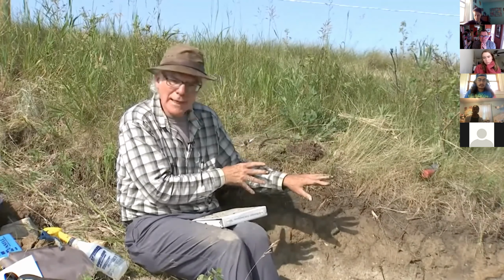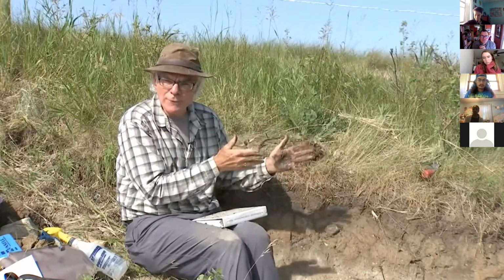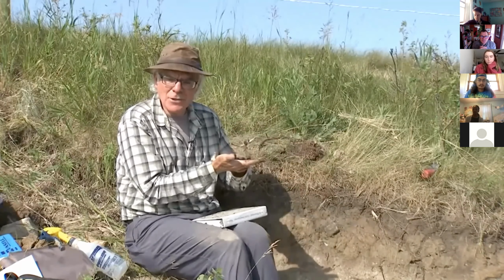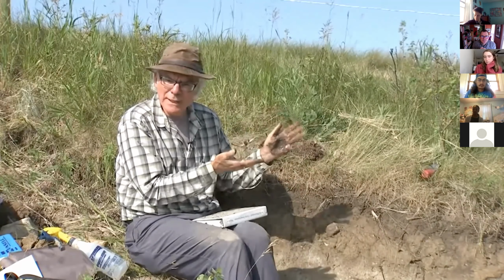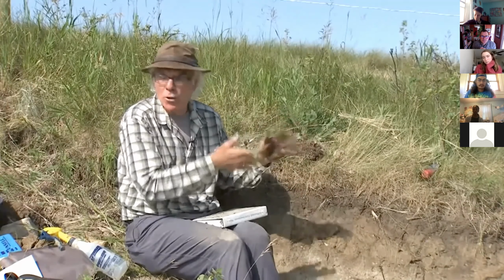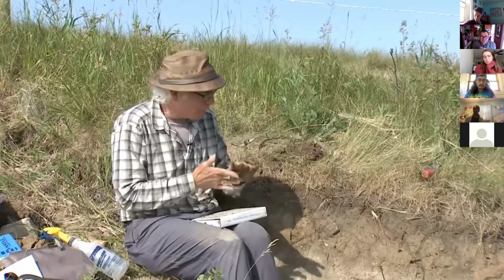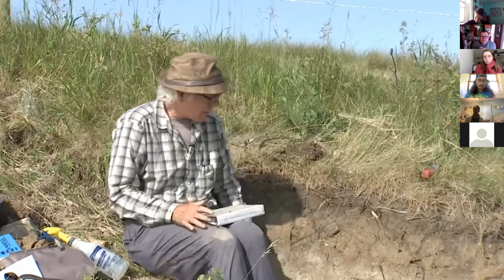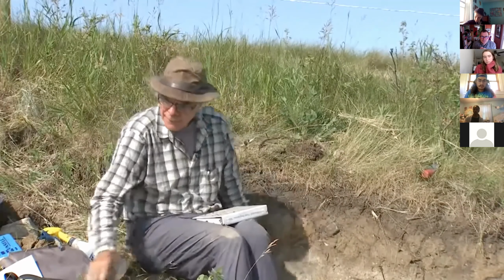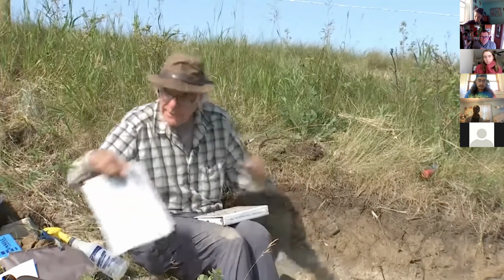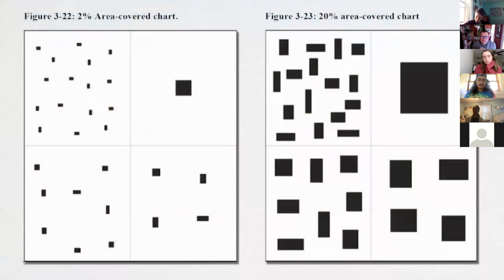The last thing we'll look at is the percentage of coarse fragments. So anything larger than 2 millimeters in diameter, we consider to be a coarse fragment, or gravel, more simply. And what we want to do is try to get a sense of what is the percentage of coarse fragments in this profile. And what we use for that is a chart called the area covered chart.